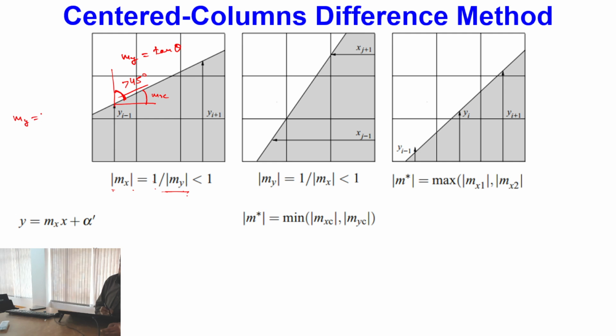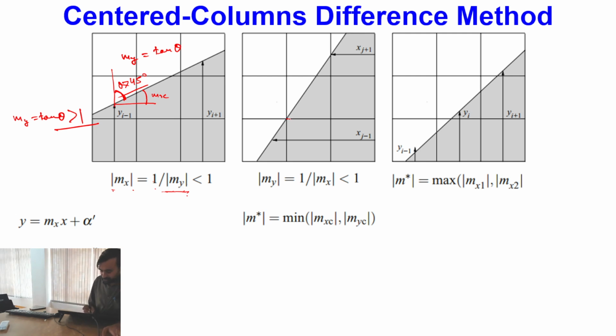Then my, which is tan of this particular theta, and tan theta for theta greater than 45 is always greater than 1. So if this value is greater than 1, I will get 1 by my as less than 1. Okay.